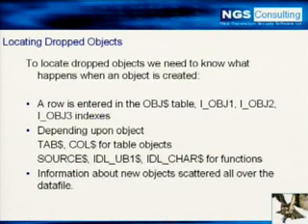But before we can start hunting them, we need to work out what happens when you go around creating an object. So essentially, the first obvious thing is a row is entered into the obj$ table. The obj$ table is obviously where every object is tracked in Oracle.